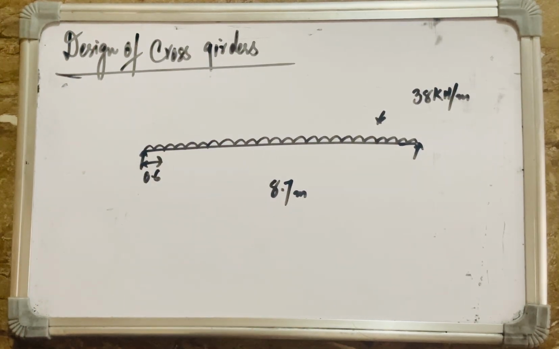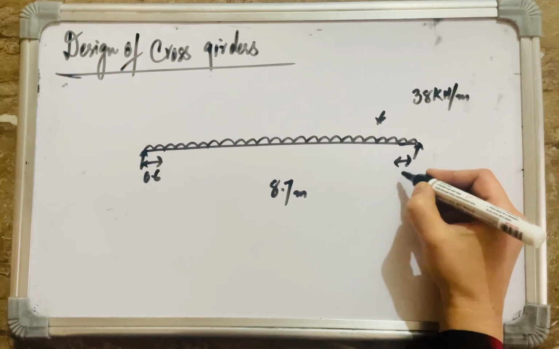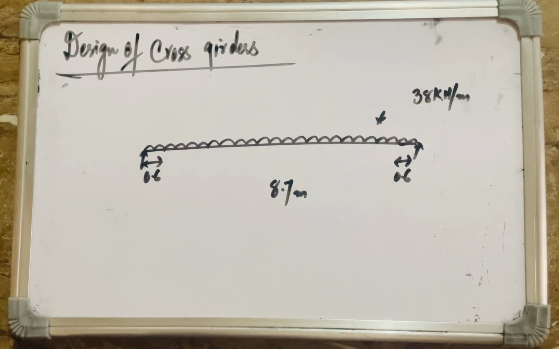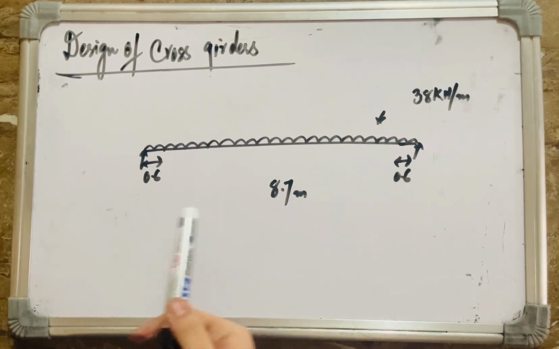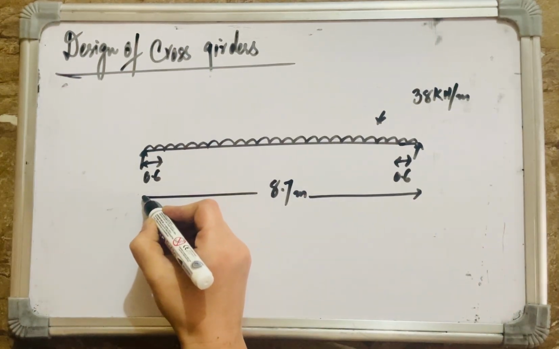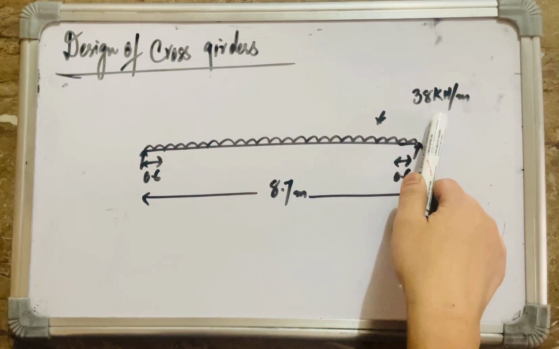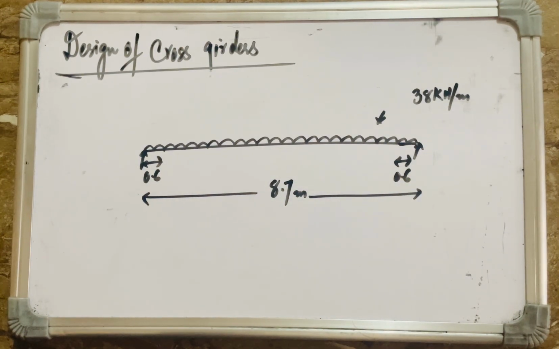This is the curb stone, 0.6, because cross girders are along the cross section. So 0.6 curb stone, total length or total span 8.7 meters. Uniformly distributed load due to its self weight and due to the self weight of the slab and the wearing coat, 38 kilonewton per meter.